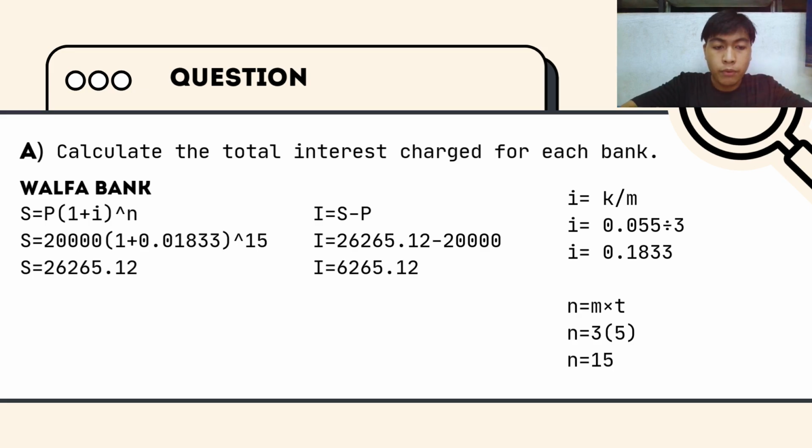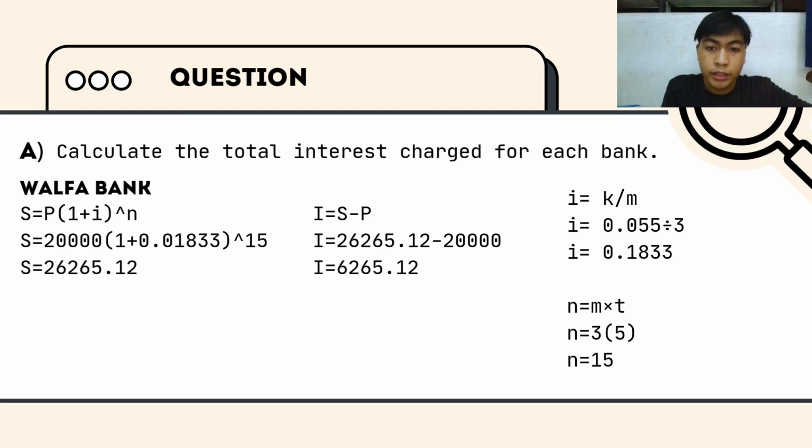First, we will focus on Alpha Bank. We will use the formula S equals P open bracket 1 plus i close bracket power of n. S equals 20,000 open bracket 1 plus 0.01833 close bracket power of 15. The answer is 26,265.12.